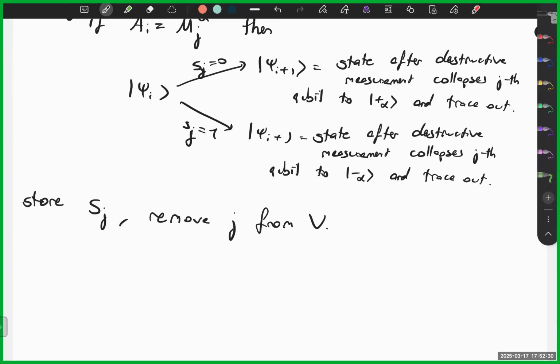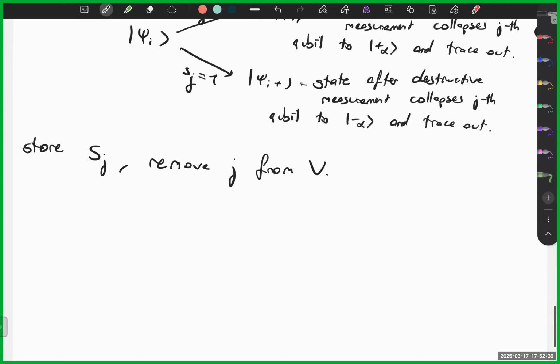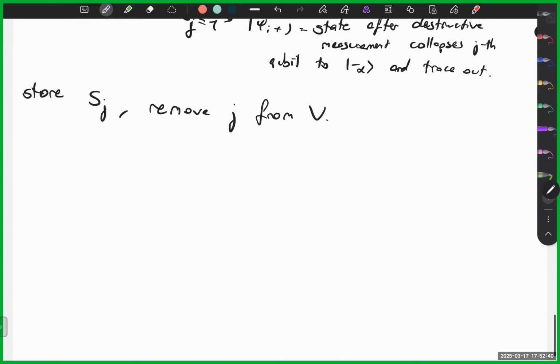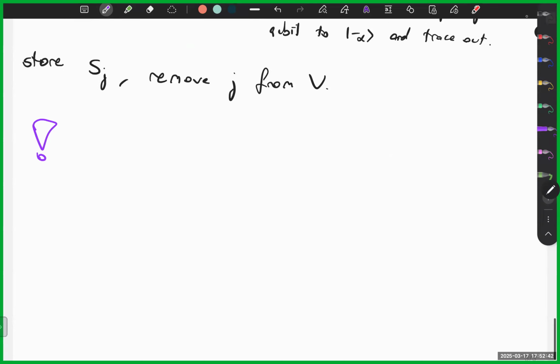And also the associated Hilbert space reduces its dimension by 2. Oh, I think you mean the dimension is divided by 2. Oh yeah, yes, sorry.